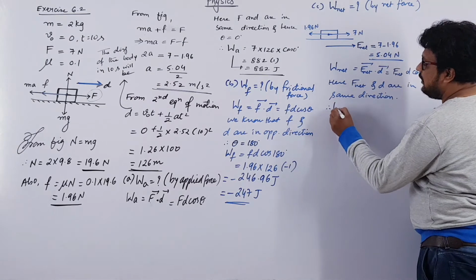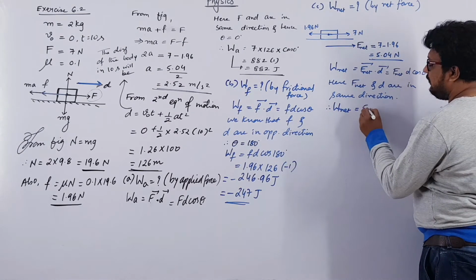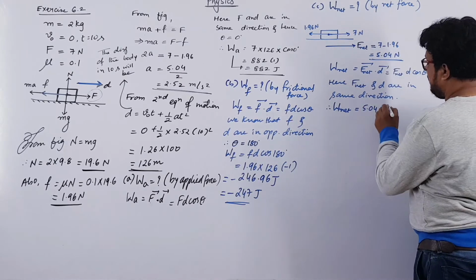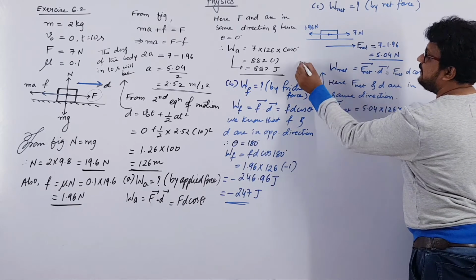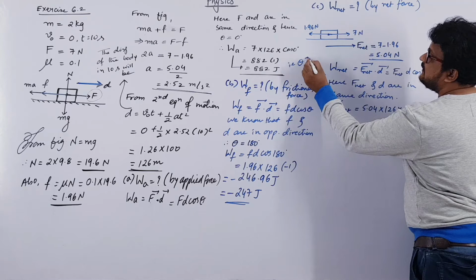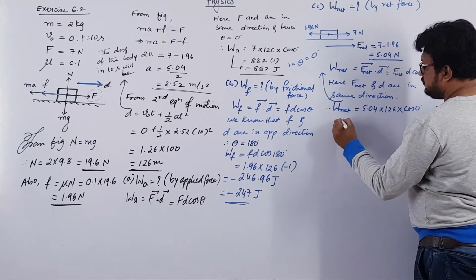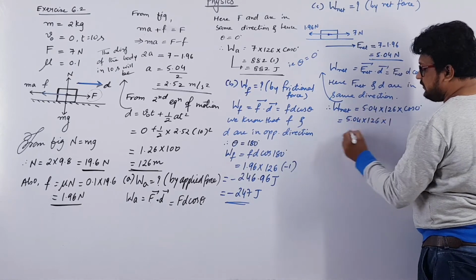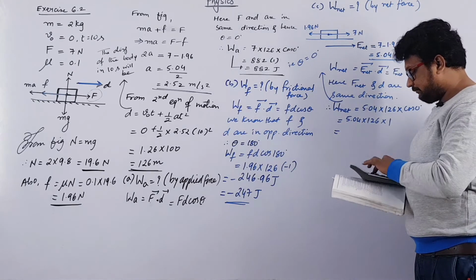So therefore W_net will be 5.04 into displacement 126 into cos 0, with theta equal to 0 degree. So this is 5.04 into 126 into cos 0, which is 1. So 126 into 5.04.